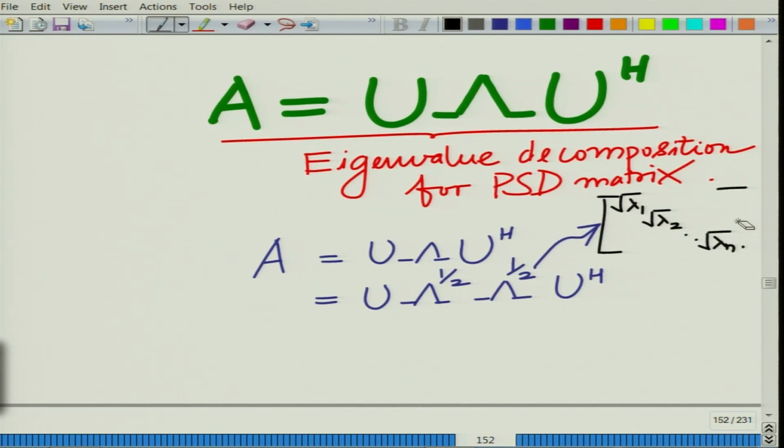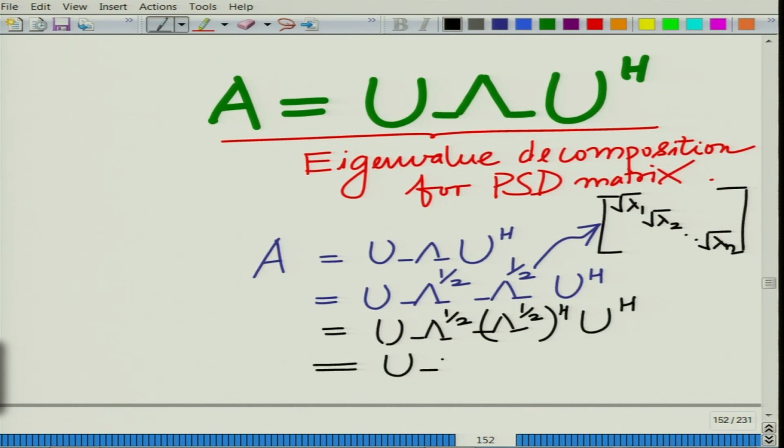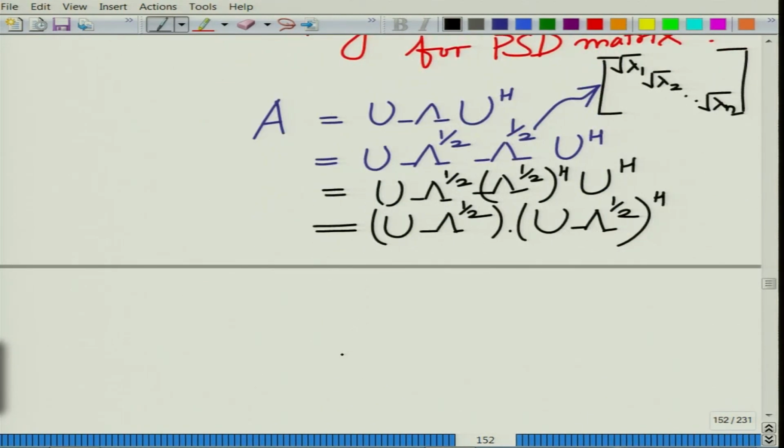This is the diagonal matrix containing the square root of eigenvalues, and naturally these are real. So, I can also write this as lambda half Hermitian U Hermitian, which is essentially U lambda half times U lambda half Hermitian.